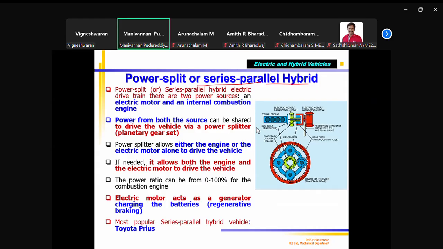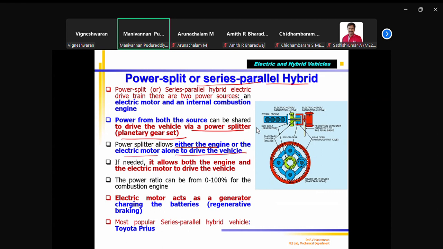That's why series parallel. In the power split series parallel hybrid drivetrain, power from both sources can be available. Generally, power splitting uses planetary gears. Somebody was asking in the class beginning how it is done. Power splitting will be done by planetary gears, where torque can be added or separated. Power split allows either the engine or the electric motor alone to drive the vehicle anytime.